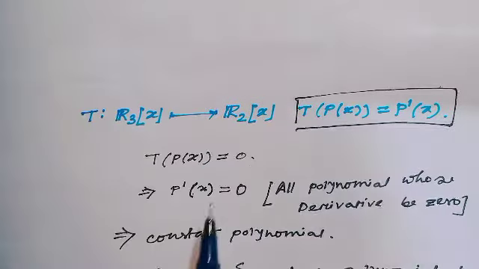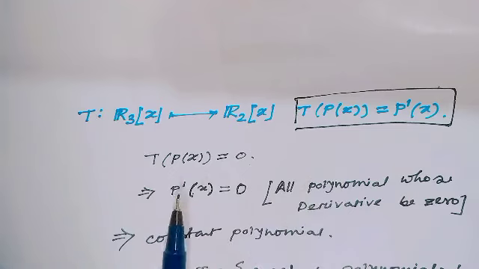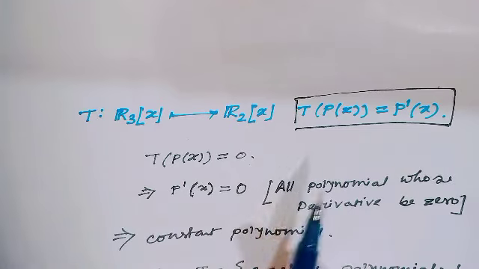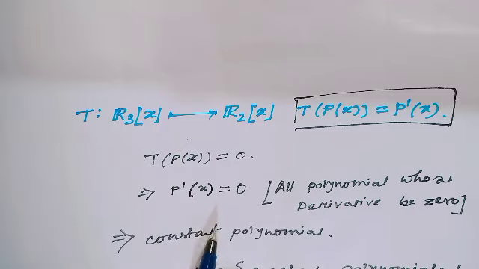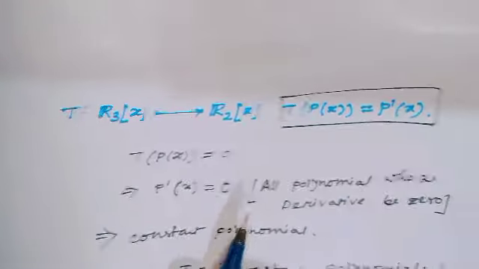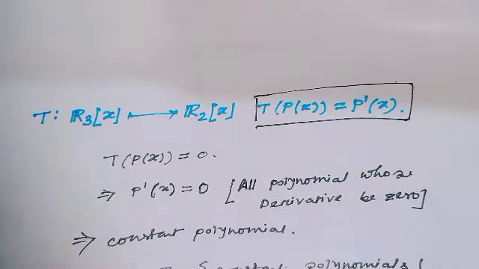To find kernel T, at first we have to find T of P(x) equal to 0. That implies P prime of x equals 0, which means all polynomials whose derivative is 0, and this is nothing but the constant polynomials.